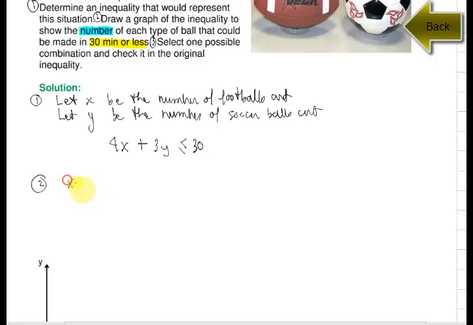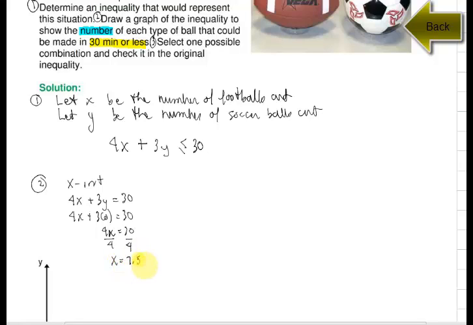So I'm going to start by finding my x-intercept. I'm going to use the equality form of my equation. I'm going to substitute in 0 for y. I get that 4x equals 30, divide by 4, and I get that x is equal to 7.5.